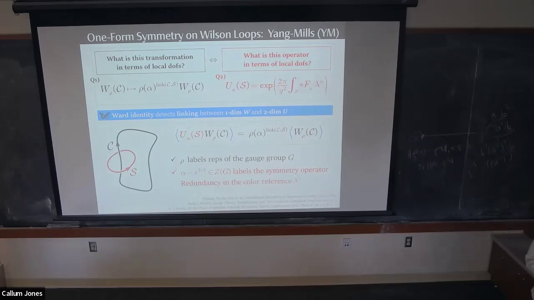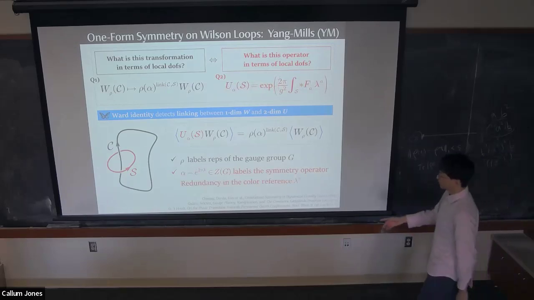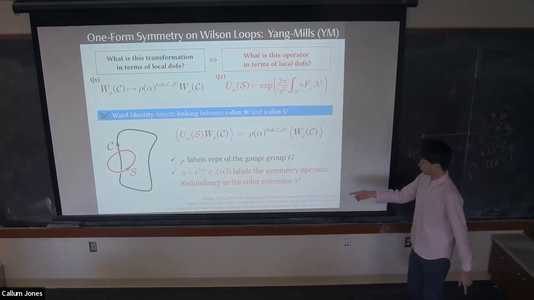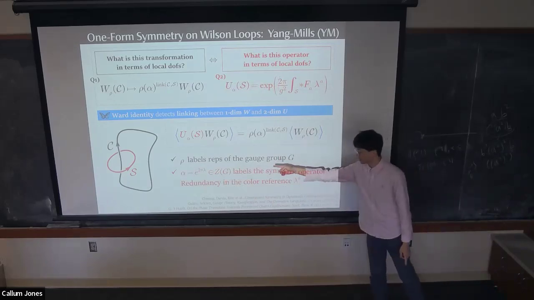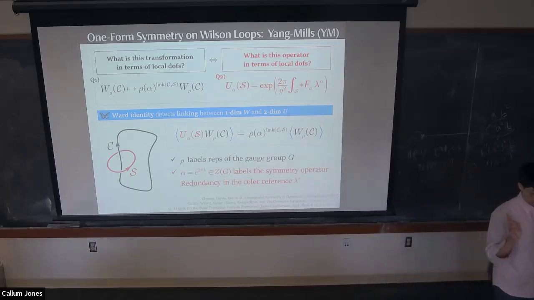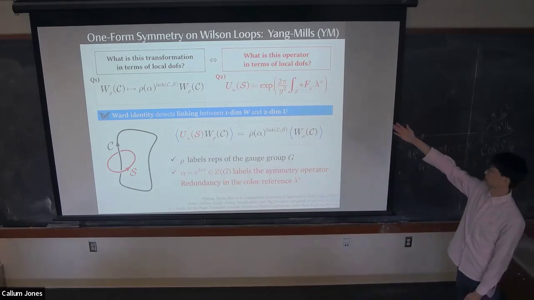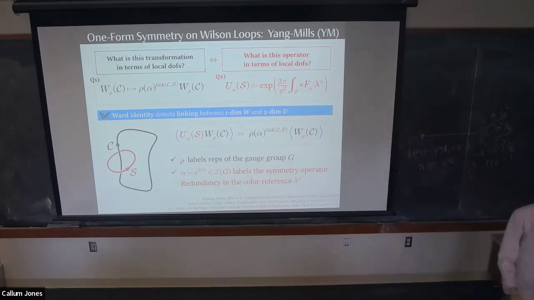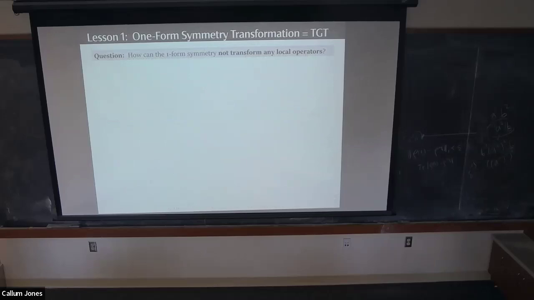I will show that if we also introduce this lambda, a Lie algebra element which exponentiates to the center element up to the 2 pi factor, then we can explicitly realize the symmetry operator in this form. So let me explain the answers to these two questions.